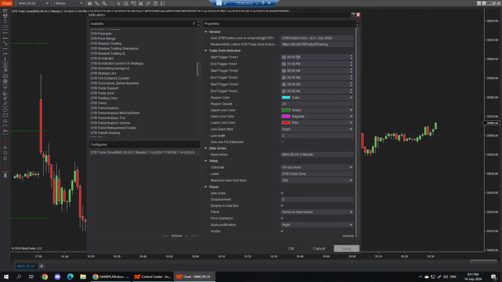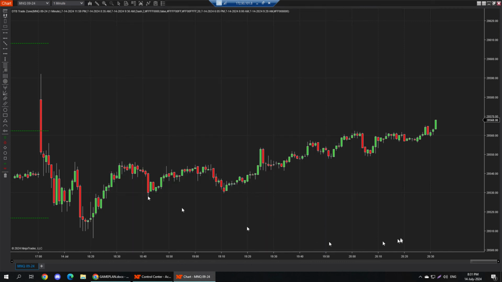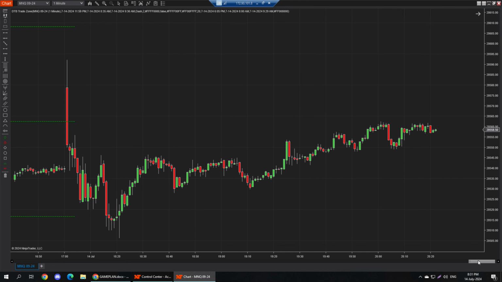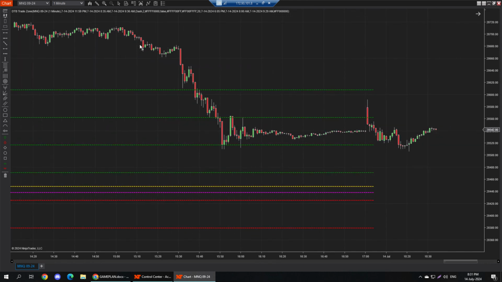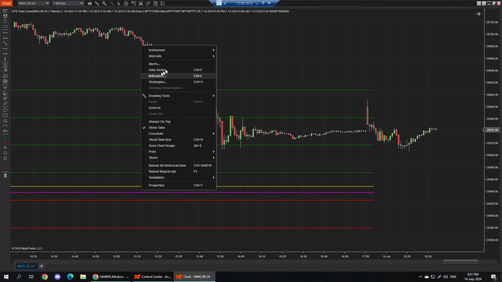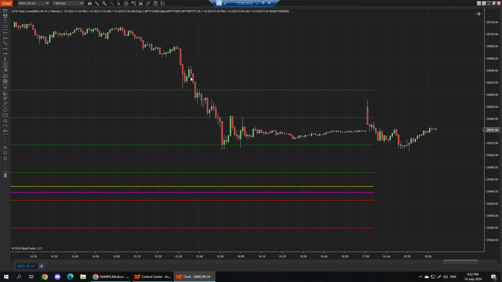Now you'll see we're currently within the first trigger zone, which is 6:05 to 11:59. Okay, so we're currently in there. So that's why you're not going to see any zone over here. But let's cover the last one for the day. So if you look at the indicator settings again, you'll see the last one for the day.